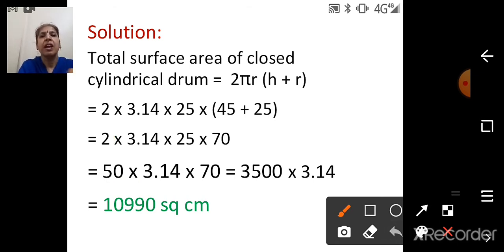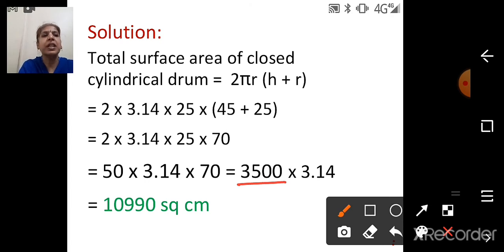That is 3.14 into 70. Then next thing you can do is 50 into 70, you multiply, children. You know 5 sevens are 35, and it is 50 into 70, so you write 2 zeros beside it, that is 3500. That you have to multiply with 3.14.